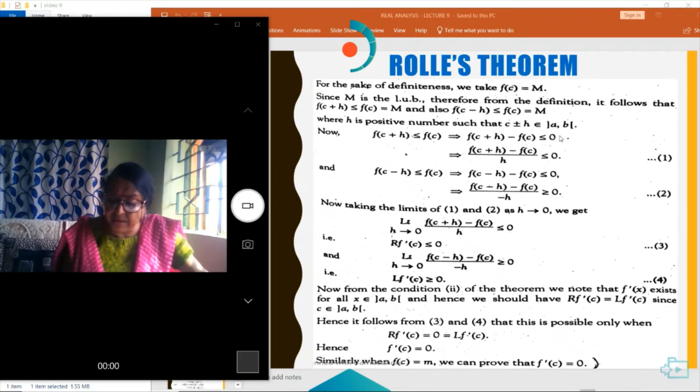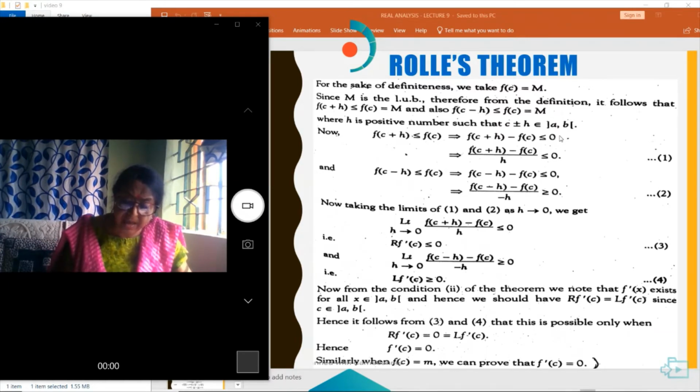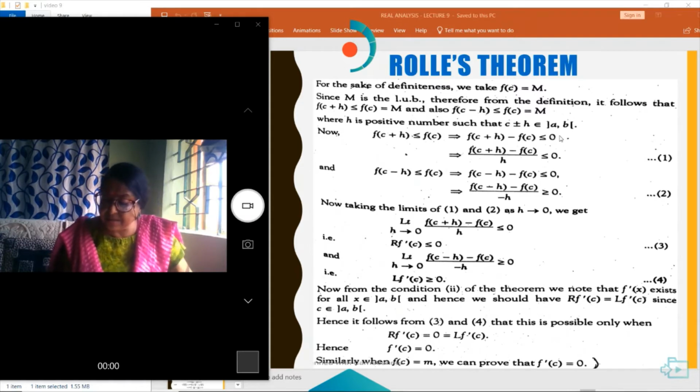Now, from condition 2 of the theorem, we know that f'(x) exists for all x in the open interval (a,b), and hence we should have the right hand derivative Rf'(c) equal to the left hand derivative Lf'(c), since c lies between a and b.